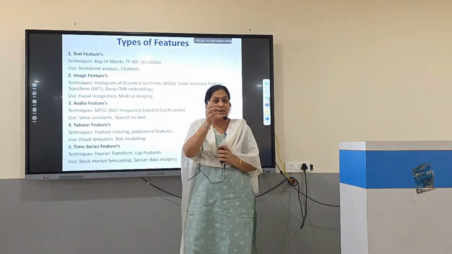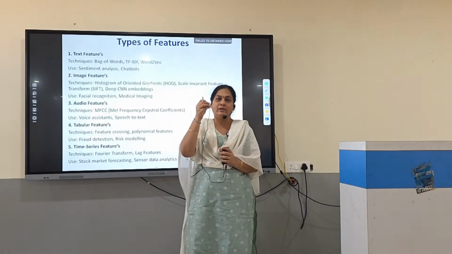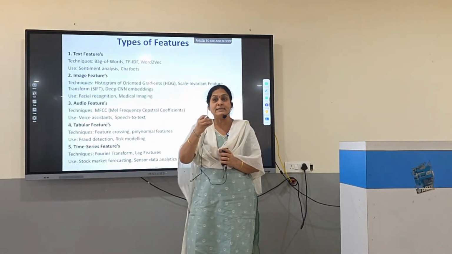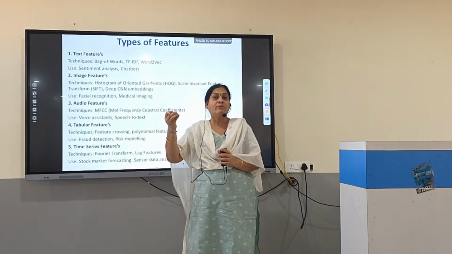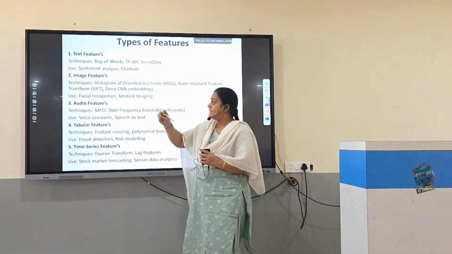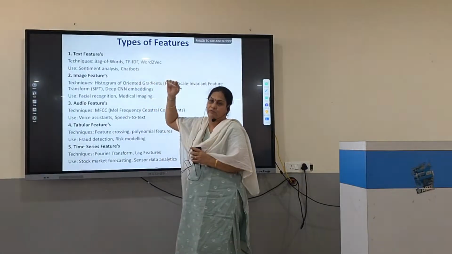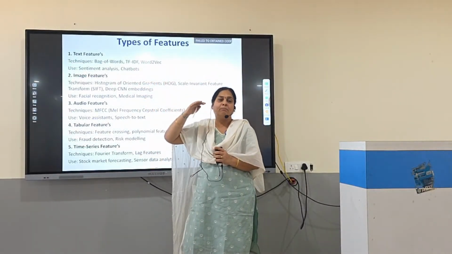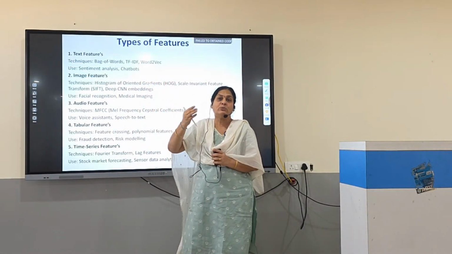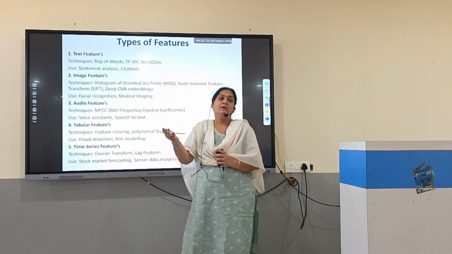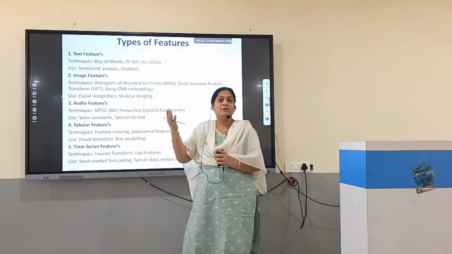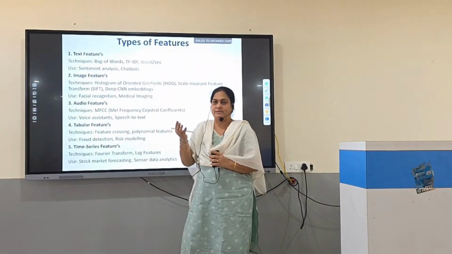We are not going to learn about those techniques in detail, but there are different techniques you can use to convert your text into a form a machine can understand. They are called embeddings.